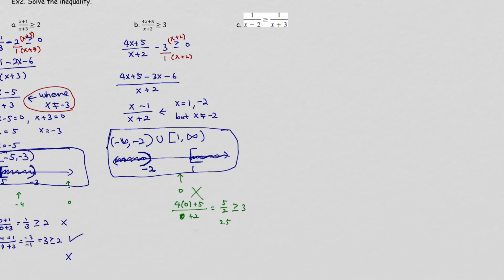Last one. This time, the steps themselves will be the same, but you have different denominators. Your denominator becomes more than one factor, right? You're going to subtract, so finding a same denominator, it will be x minus 2 times x plus 3.